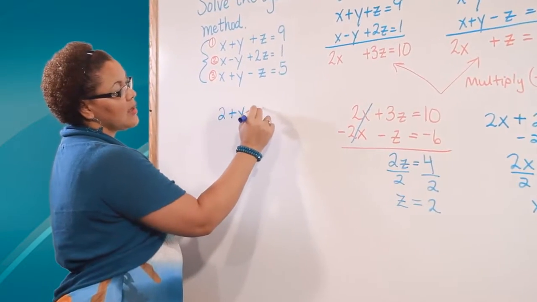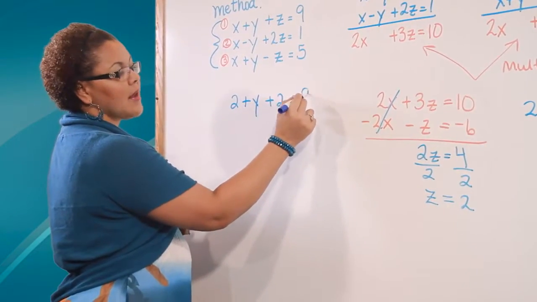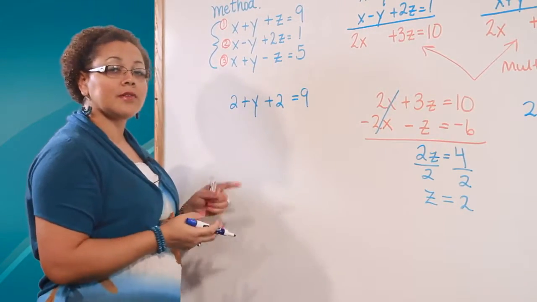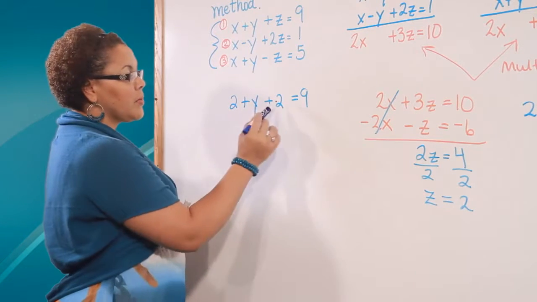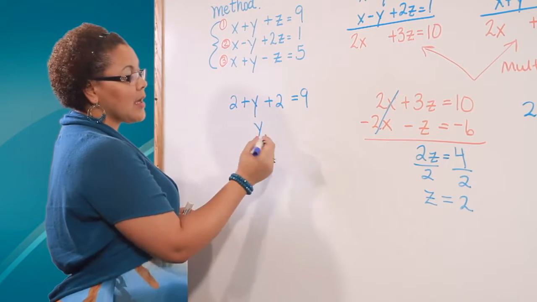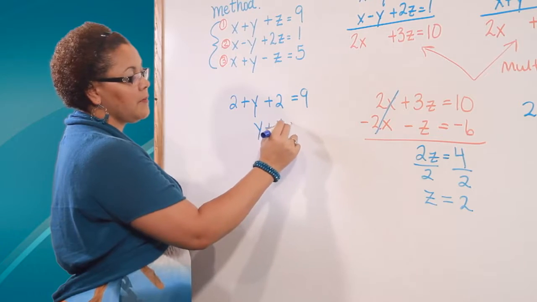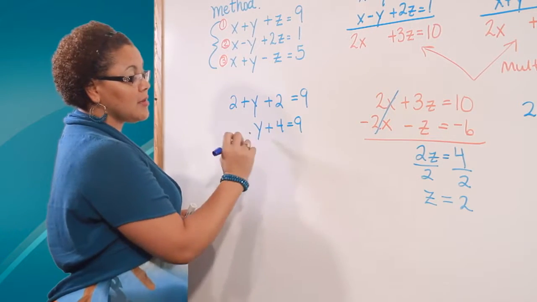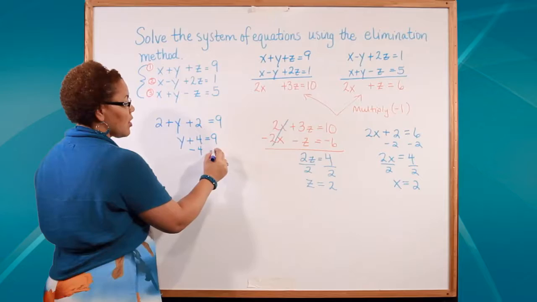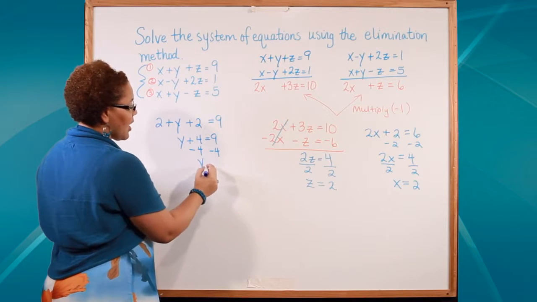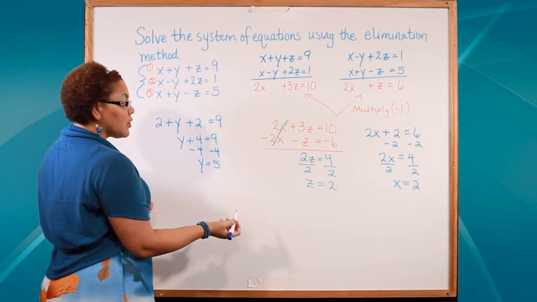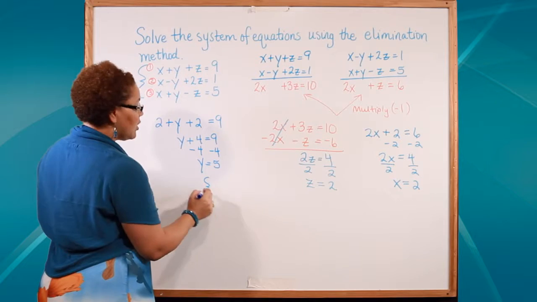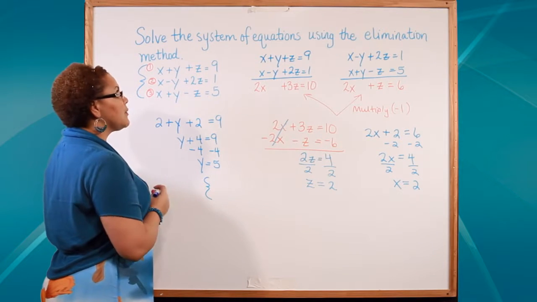We found that z was also 2 and set that all equal to 9. And then we're going to solve this equation for y. So 2 plus 2 is 4. So on the left-hand side of the equation, I have y plus 4 equals 9. And then to solve for y, I will subtract 4 from both sides. So y is 5.